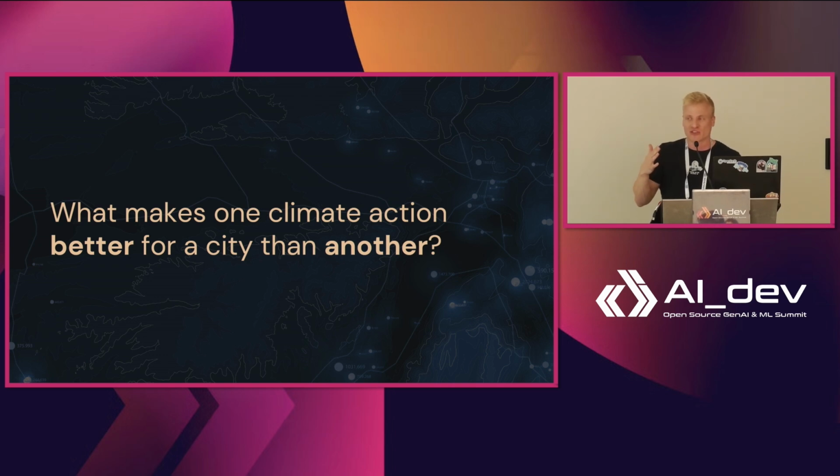But what if the action that reduces less emissions might be faster to implement and costs less money? At what point would the second action be preferred over the first action? This is not a trivial question at all. When we started with this project, we had no idea about it, so we had to come up with a way to create a training data set and find out how we would rank these actions.